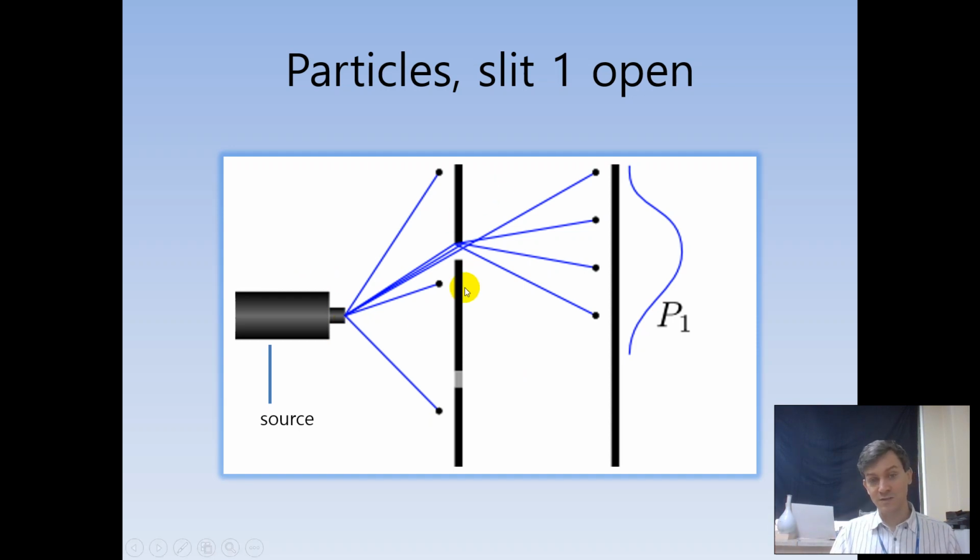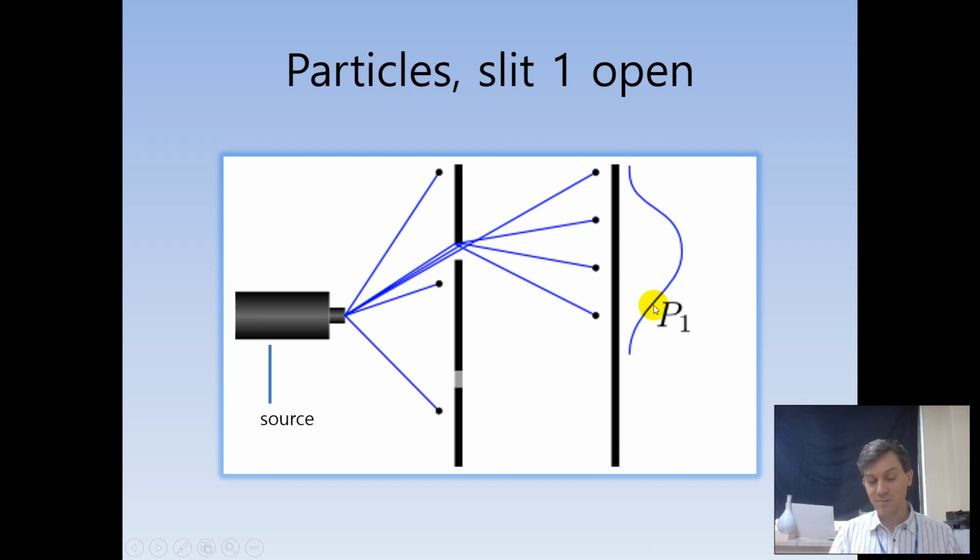So many of these particles will just hit the wall and stop, but some of the particles will go through one of these slits. Now, if first of all we look at the case where only one of these slits is opened, we close the other one, then as the particles go through the slit, they can be deflected by some angle, and you will get some distribution of particles arriving at the screen that looks something like this.